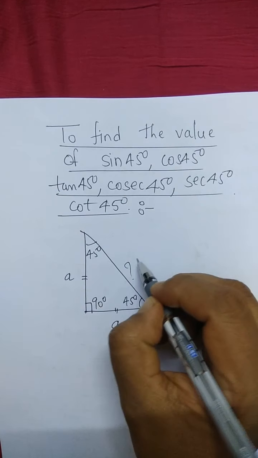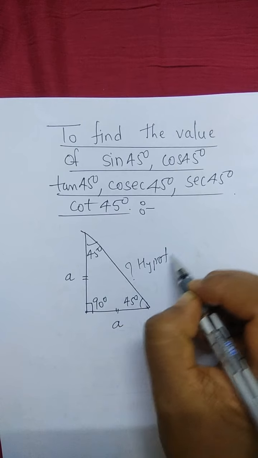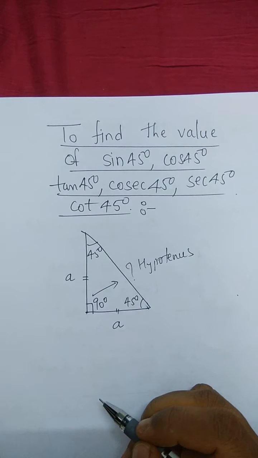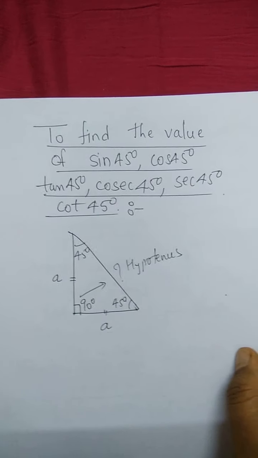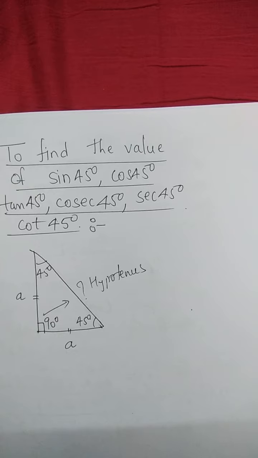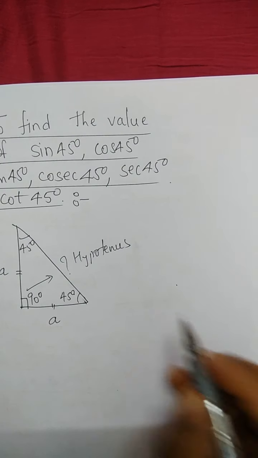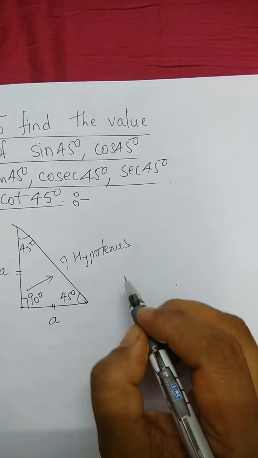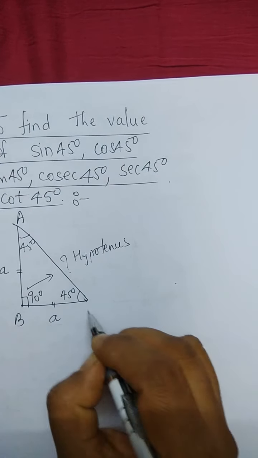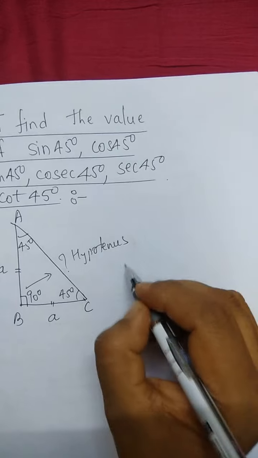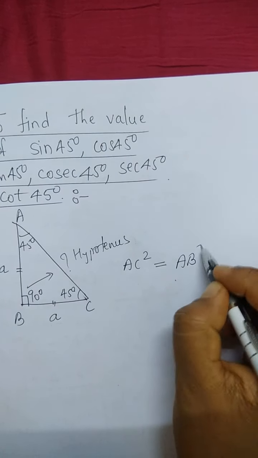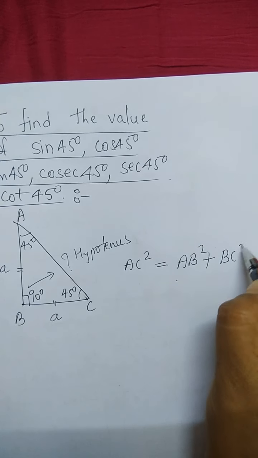And how to find the hypotenuse? Opposite to 90 degree is always the hypotenuse. How to find it? Yes, by Pythagoras theorem, isn't it? We have to find this hypotenuse by Pythagoras theorem. For that, you name the triangle ABC, suppose. So AC square is equal to AB square plus BC square.